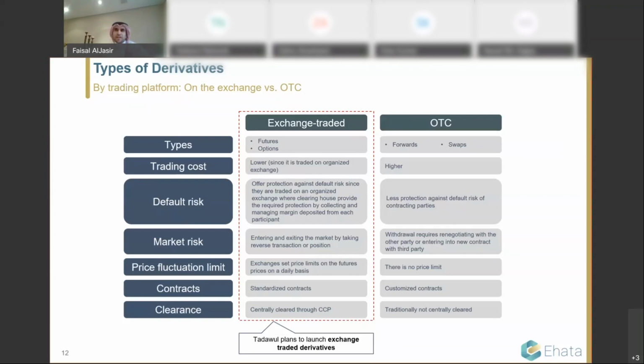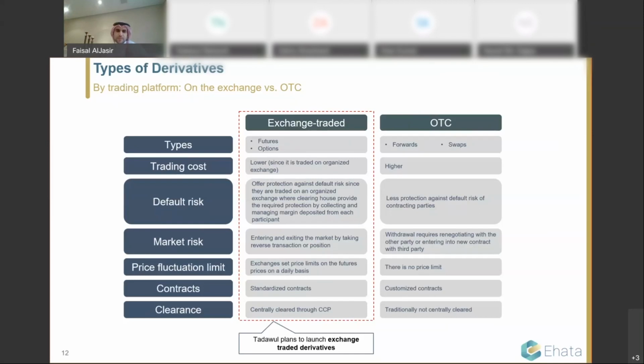That is more easily done in exchange traded than in an OTC market. In an OTC market, you need to renegotiate some of the trades, or enter into a mirroring trade that can offset the original trade. So it's not as easy to exit your position when you compare it to exchange traded.